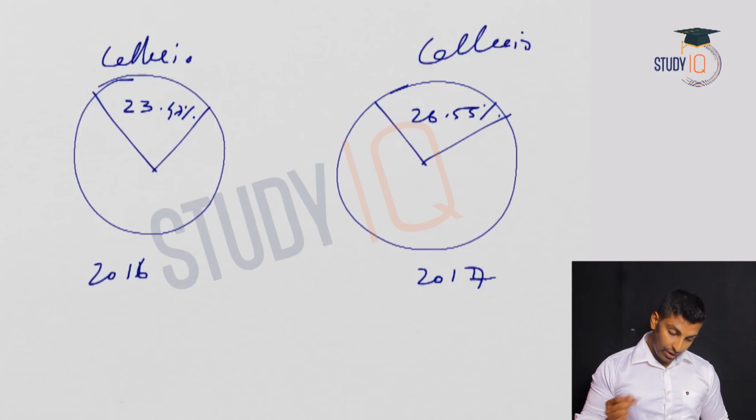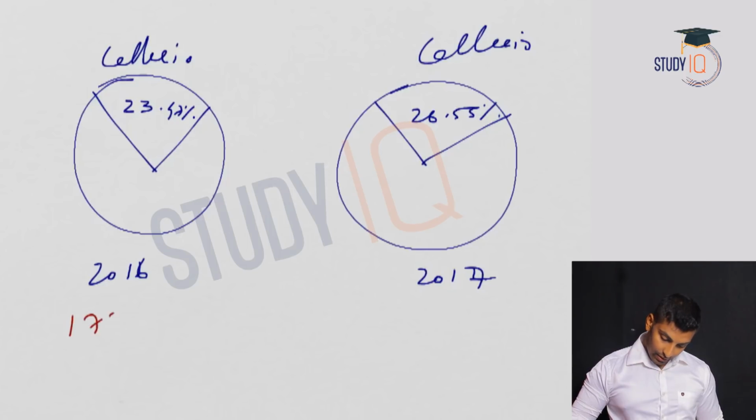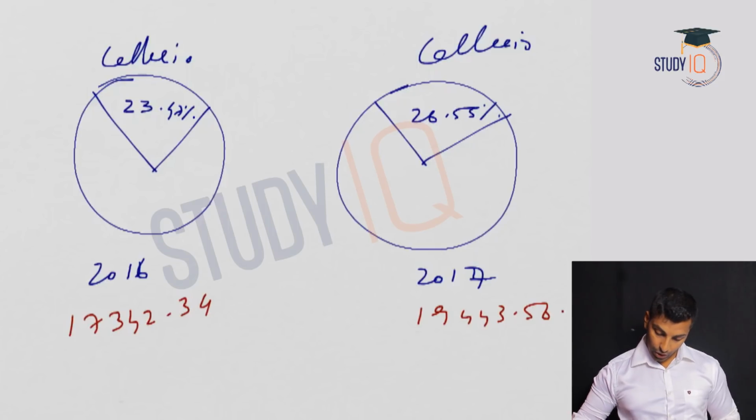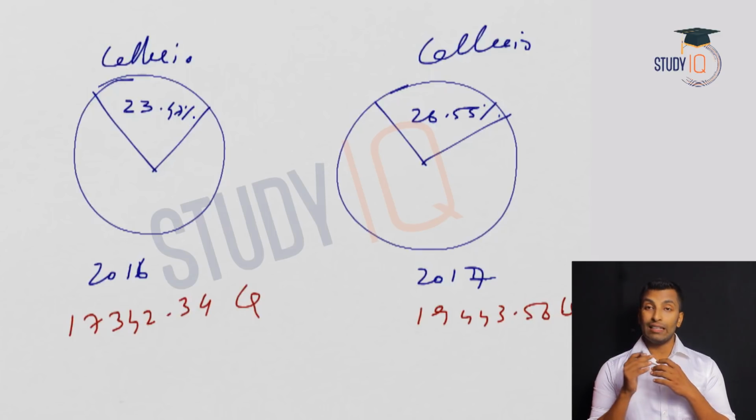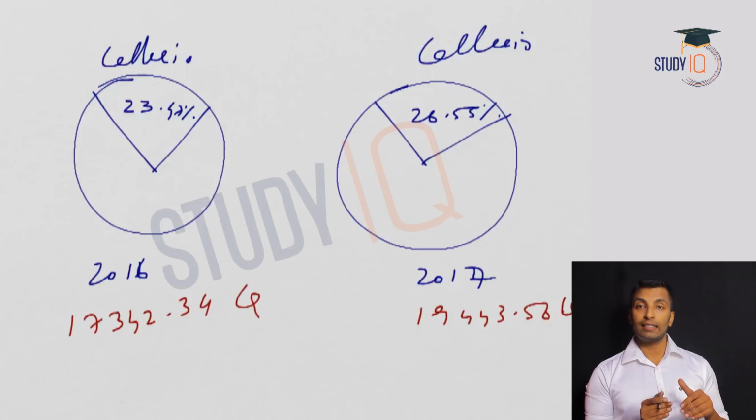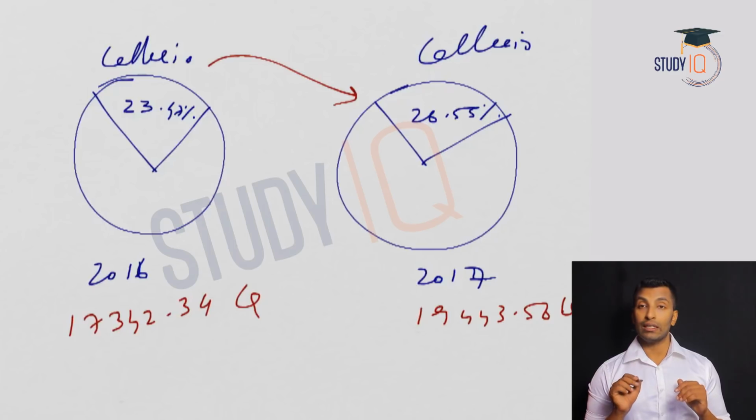Now the total revenue was 17342.34 and 19443.56 crore, in crores. What you're asked to find out is the percentage change in the sales revenue of the car Celerio from year 2016 to 2017.